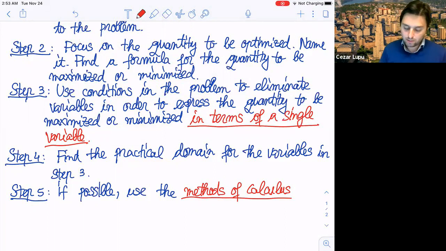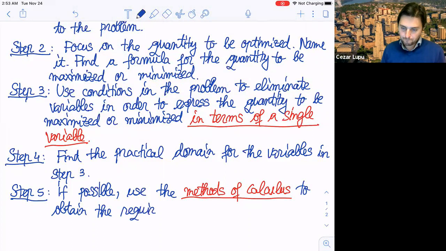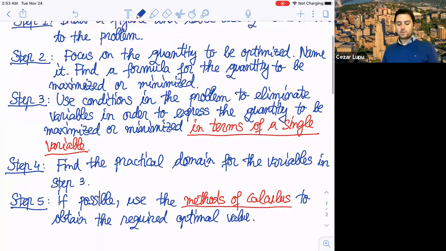So we would like to use these methods of calculus to obtain the required optimal value. Okay, so these are the steps.